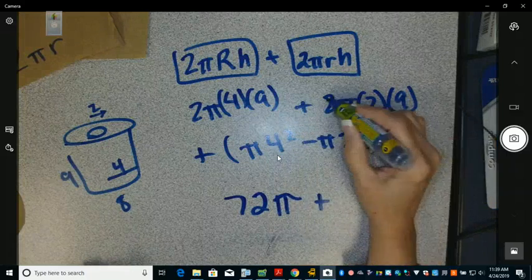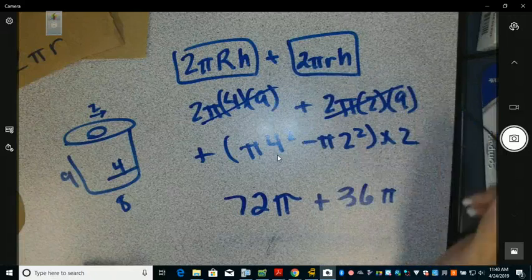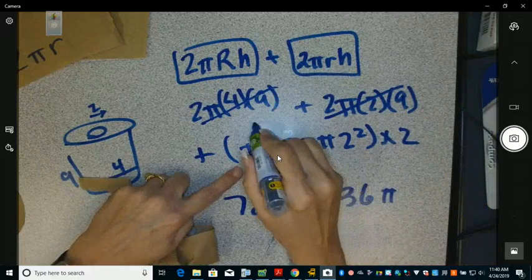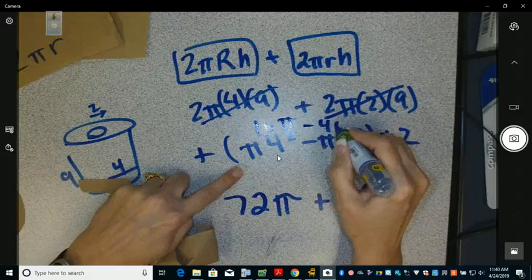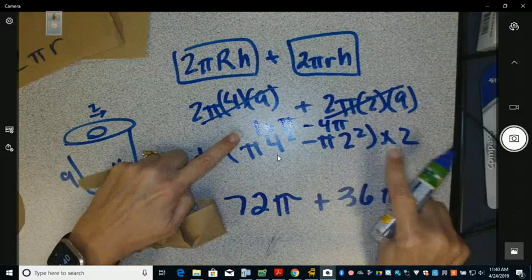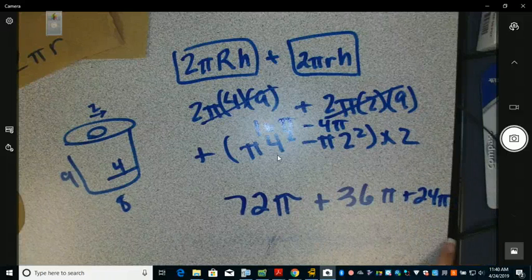Plus 18 times 2 is 36 pi. So I took care of that and that. Now this is 16 pi minus 4 pi, which gives us 12 pi, but I have to double it, so plus 24 pi. So this is going to give me all of the surface area.